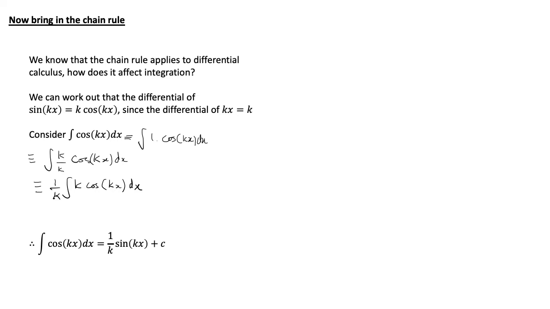In this case I've used c. It doesn't make any difference, as I've said before. Similarly, by the same token, the integral of sine kx will be minus, because of the sine going to cos, same as I had on the previous slide, 1 over k cos kx plus a constant.